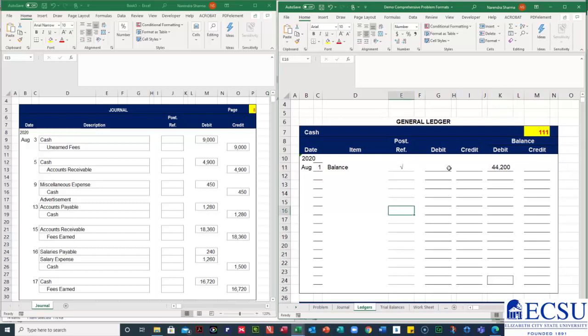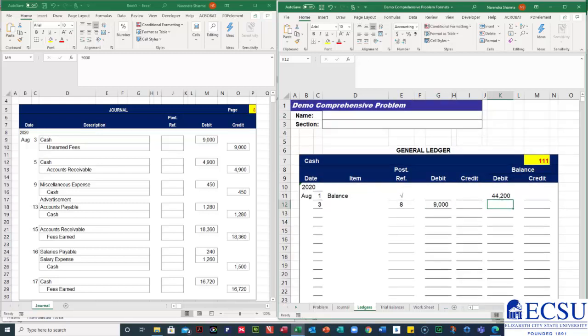Okay, so in the posting reference, I'm going to write 8, because this one is coming out of page 8, and the transaction was on the 3rd. And if you see, cash was debited by 9,000. So this will be a new balance.